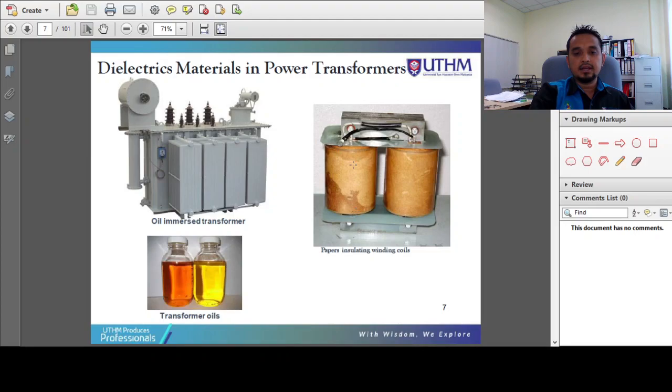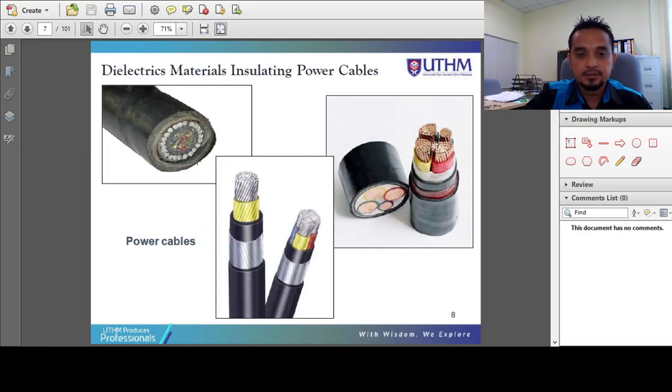We use a solid dielectric material to wrap the core of the insulator, and in addition to this, we also use transformer oil to fill up the tanks, to provide additional required dielectric properties to prevent failure, to prevent damage to the equipment, and to ensure the functionality of the transformer.